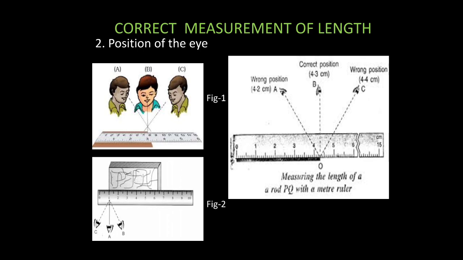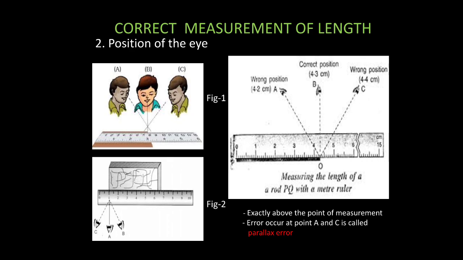So there are 3 different answers, isn't it? Which one is correct now? Correct is 4.3, because the position of the eye should always be exactly above the point of measurement, right? That is one of the precautions that you must take care of, right?